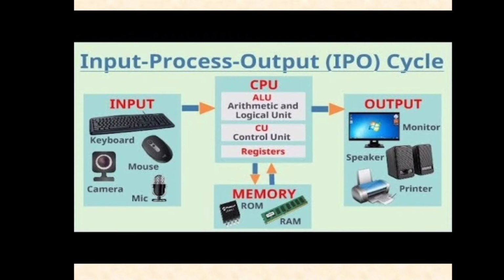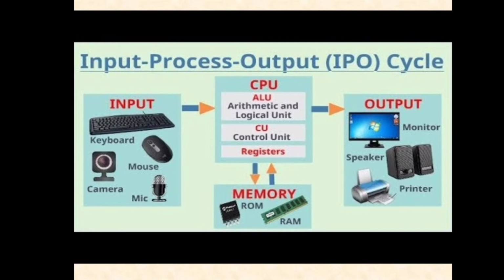Input, process, output cycle. See, here if we talk about computer and input, we use keyboard, mouse, camera and microphone. As input, what devices can we use? Keyboard, mouse, camera and microphone. Now, CPU. Obviously, we'll send our data to whom?